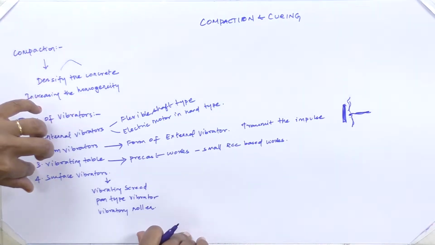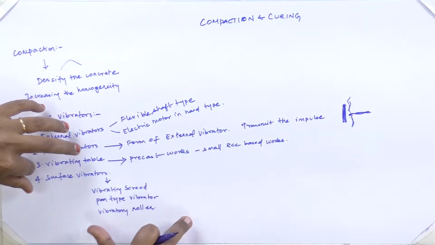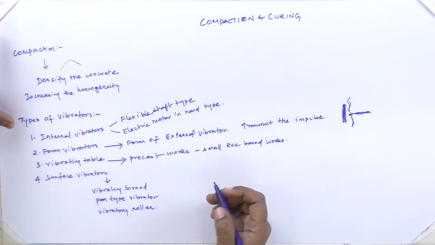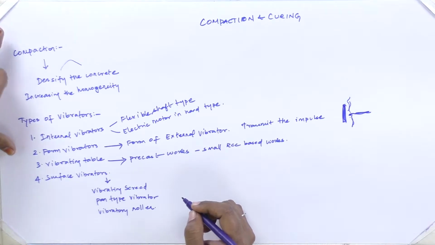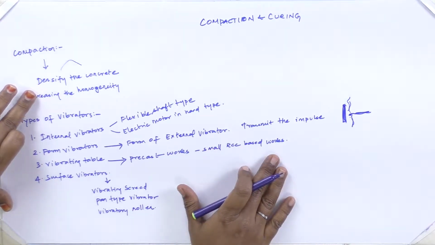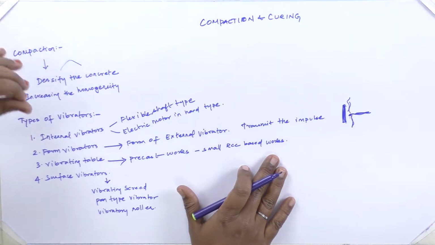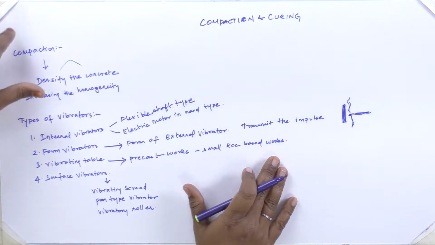The surface vibrators are mainly used for low slump concrete. So these are the types of vibrators which are being used to achieve compaction.